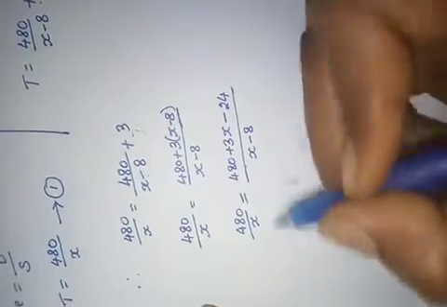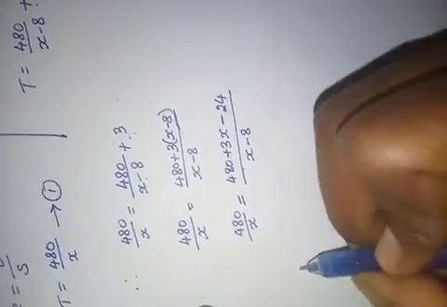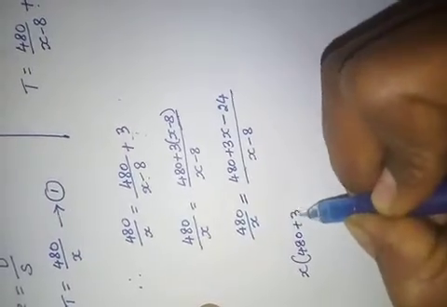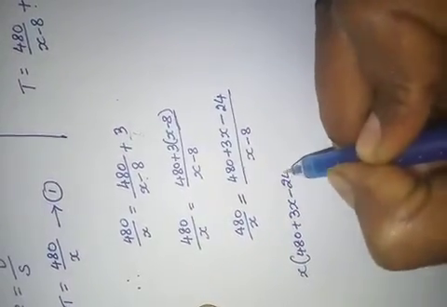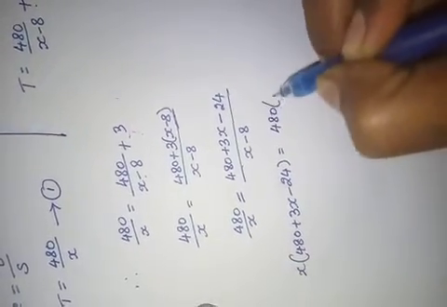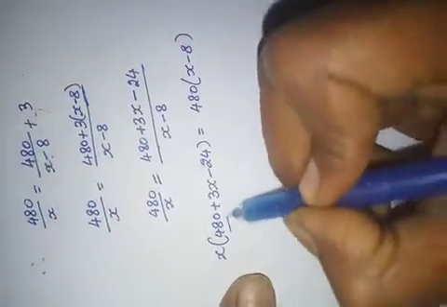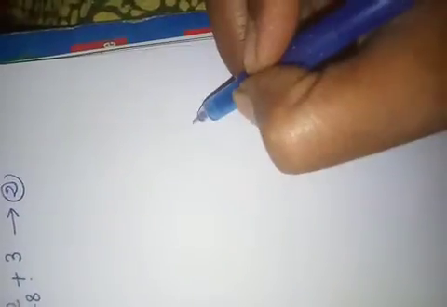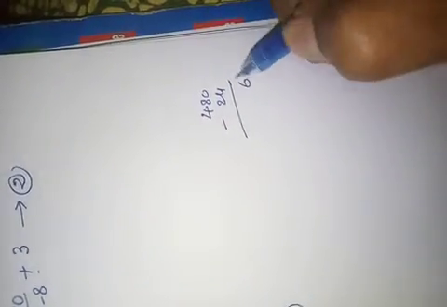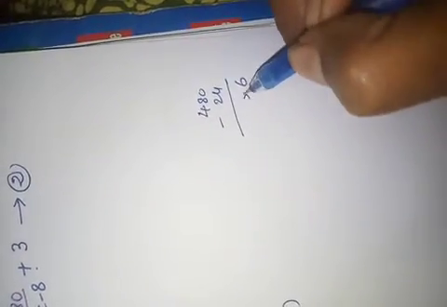Cross multiply this: x into 480 plus 3x minus 24 equals 480 into x minus 8. Now solve this. Here see 480 minus 24, that is 456.